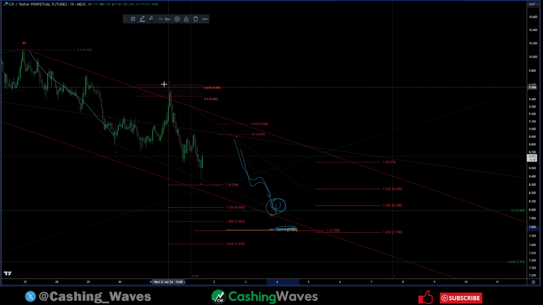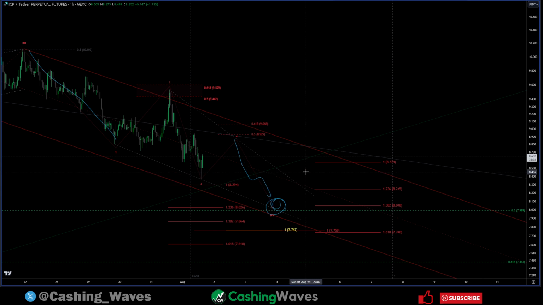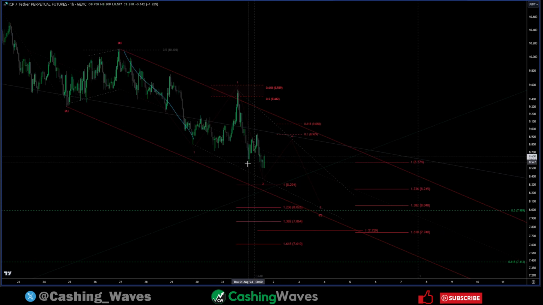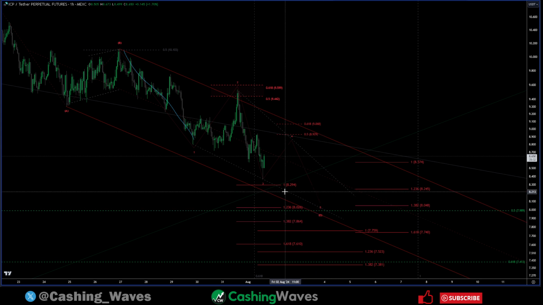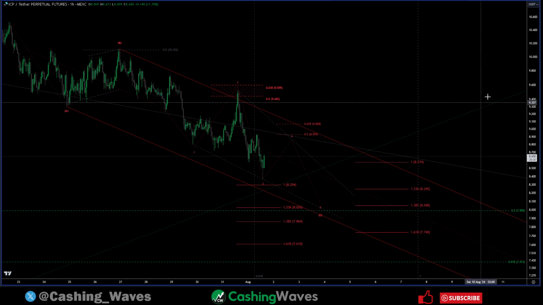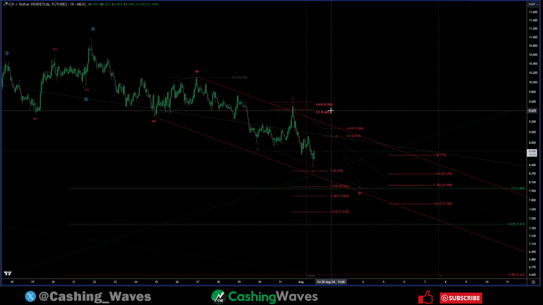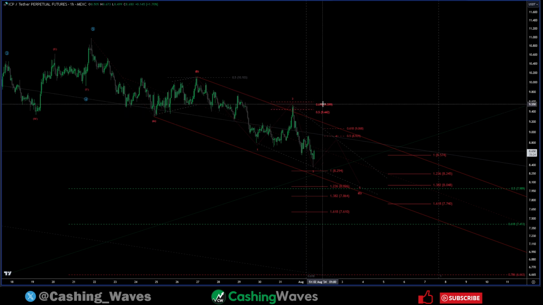Because past that area, third wave becomes the shortest, which is not allowed in a diagonal. So if it goes past that level, then this isn't a diagonal, right? Anyways, it's one of my favorite trade setups for position sizing.